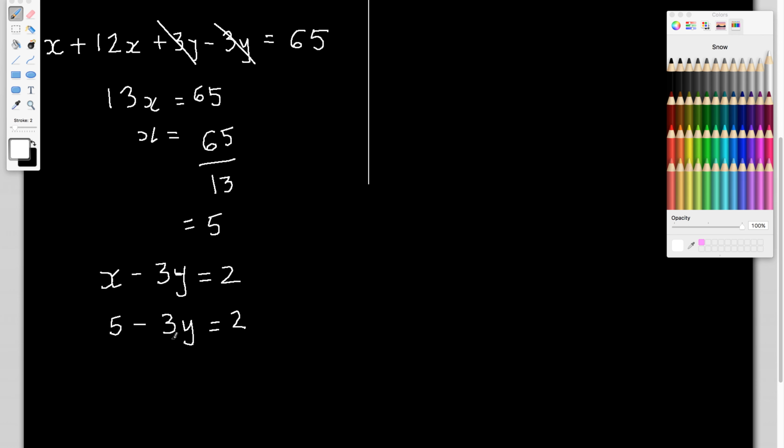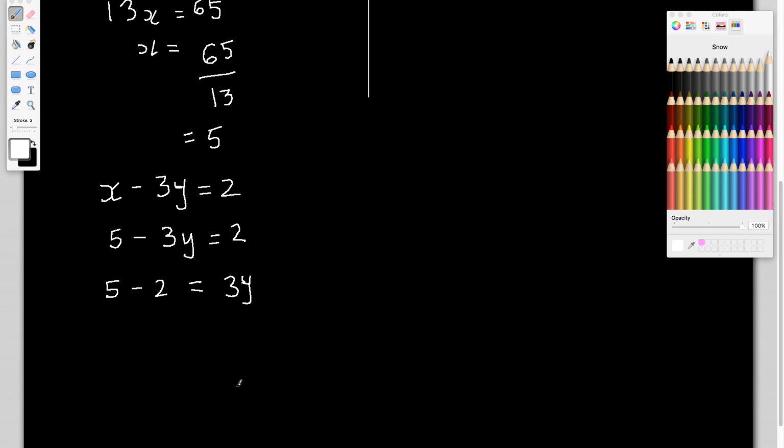Now I'll do a little bit of rearranging. I'll subtract 2 from both sides. I'll add 3y to both sides. Just did that in one step. So 3 equals 3y, so y must be equal to 1. So my solution is 5, 1.